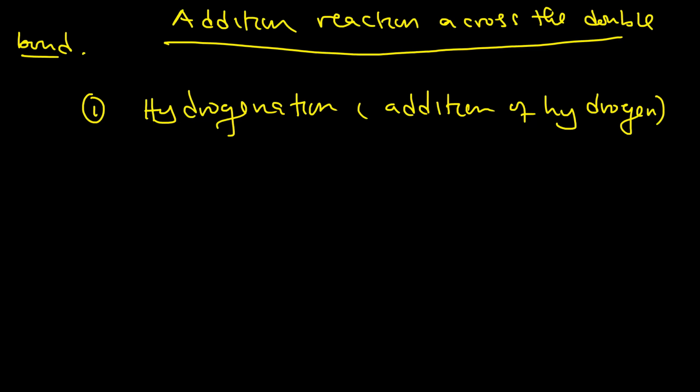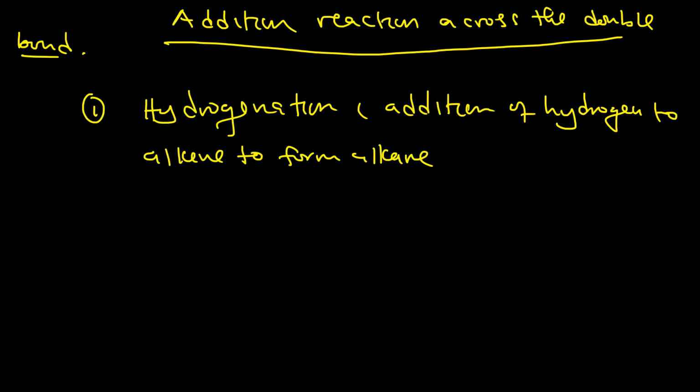So hydrogenation is the addition of hydrogen to alkenes to form alkanes. So one way alkanes can be made is by hydrogenation of alkenes. I hope you've gotten that.